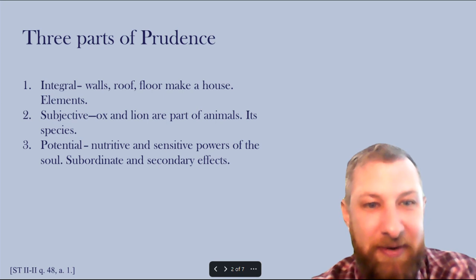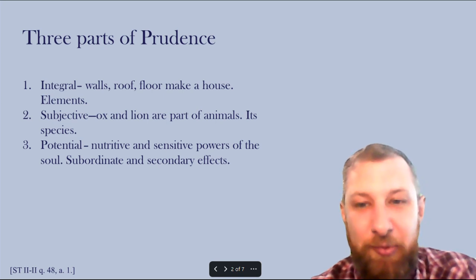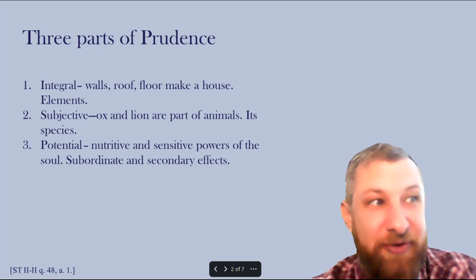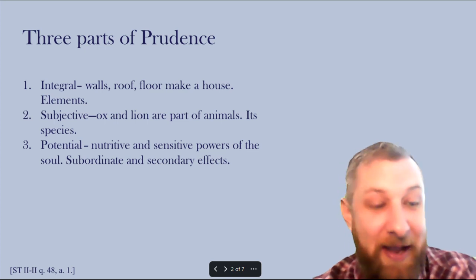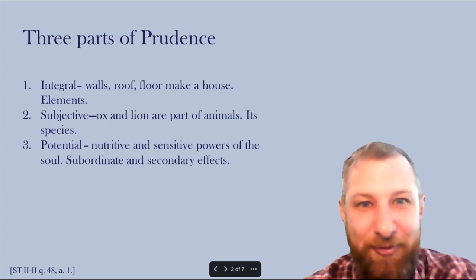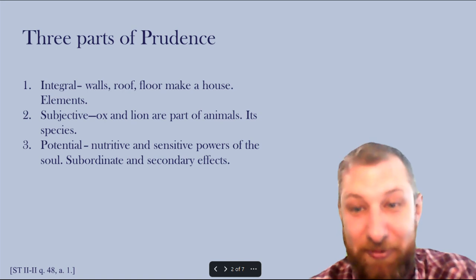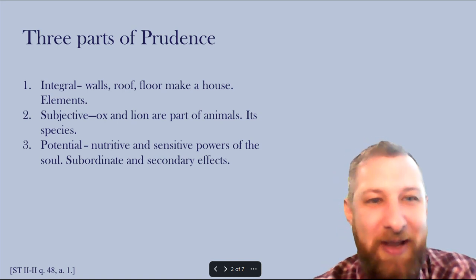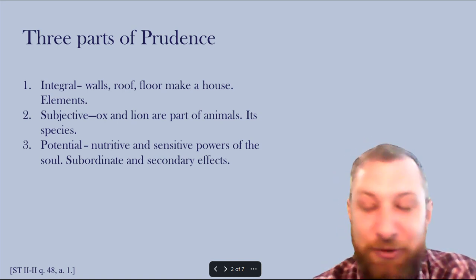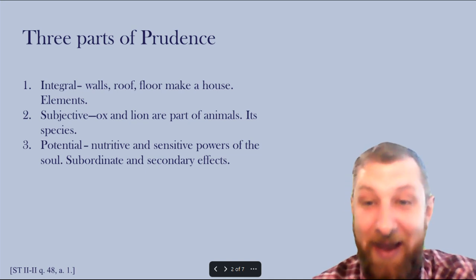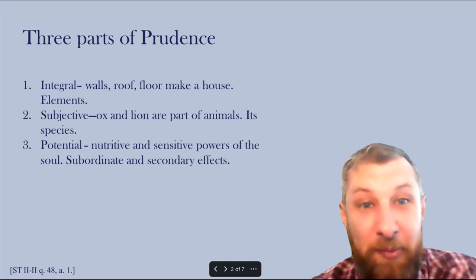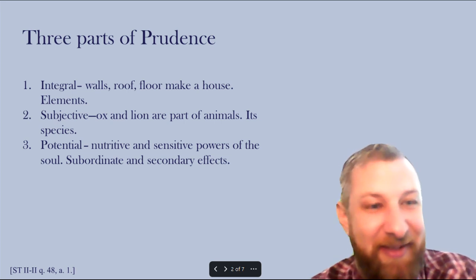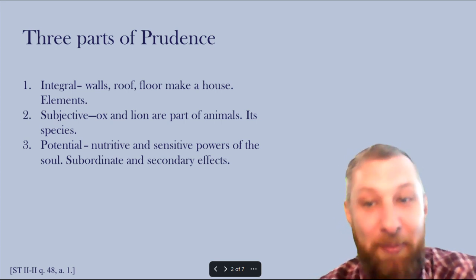Another example of a potential part of prudence would be gnome, which is used for exceptions to the rule. That's not necessary in every act of prudence, whereas in every house you need to have a floor and a roof and a wall, right? So integral parts are necessary. Potential parts are not necessary, but they can be used. They're secondary elements. I'm not sure if that's helpful, but we're going to break them down again in this lecture, and then get into them in future questions.